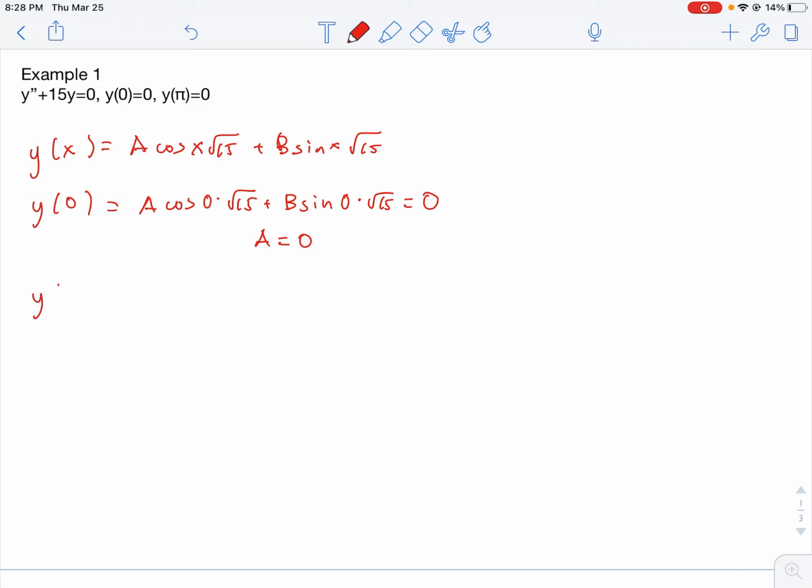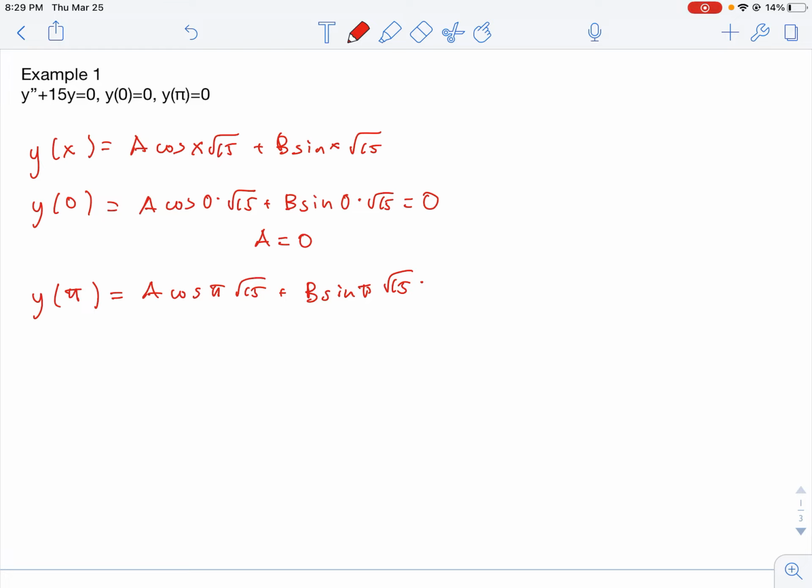Now, let's go to our other initial condition, y of pi: a cosine pi times the square root of 15 plus b sine pi times the square root of 15, and we're not going to set it equal to 0 yet. From the previous step, we know that a is equal to 0. Therefore, the a cosine term will just drop out.